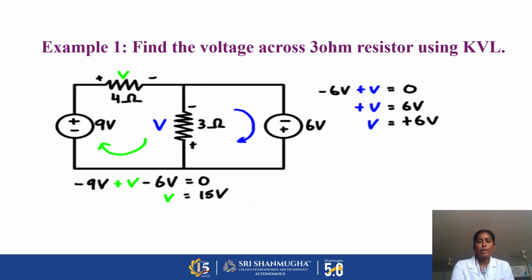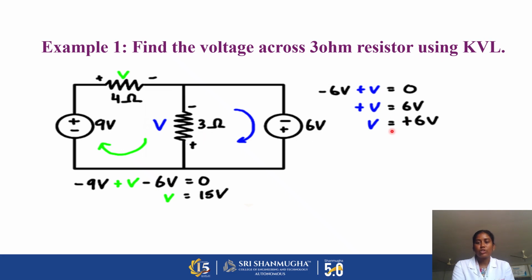So this is an example problem to understand the concept. Find the voltage across the 3 ohm resistor using KVL. This is very simple because across the 3 ohm resistor, the voltage drop is the same as the voltage across the 6 volt. If you are changing the polarity, the same voltage drop will occur.